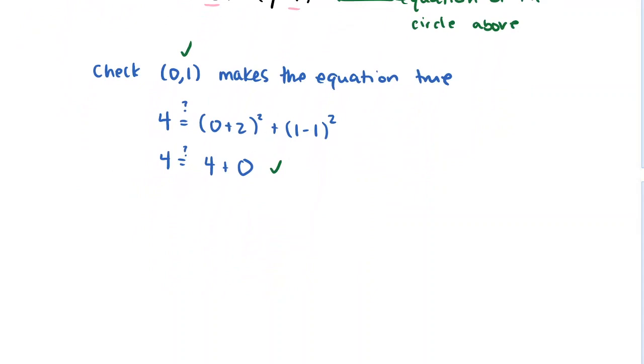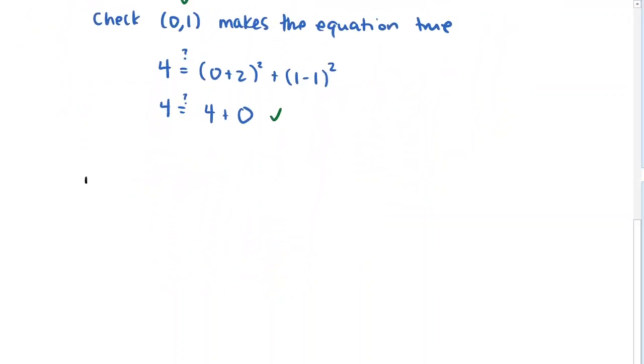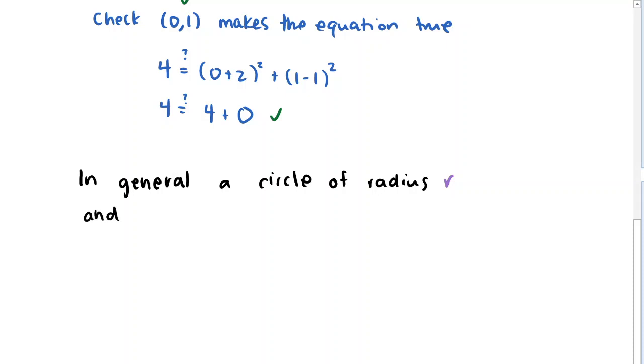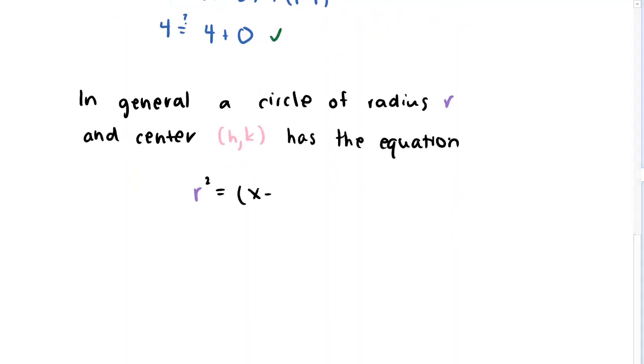Okay, so let me make one last statement here. In general, a circle of radius r and center (h, k) has the equation r squared is equal to (x minus h) squared plus (y minus k) squared.